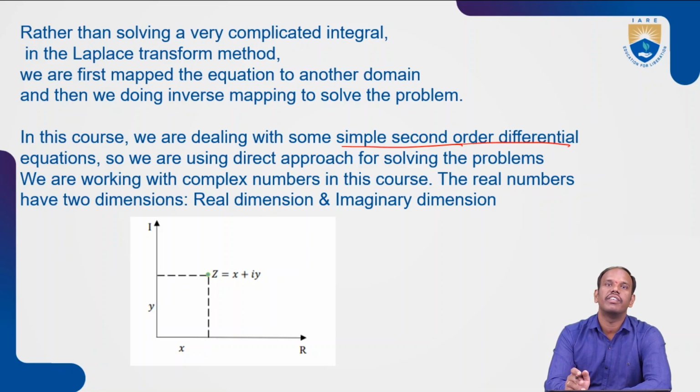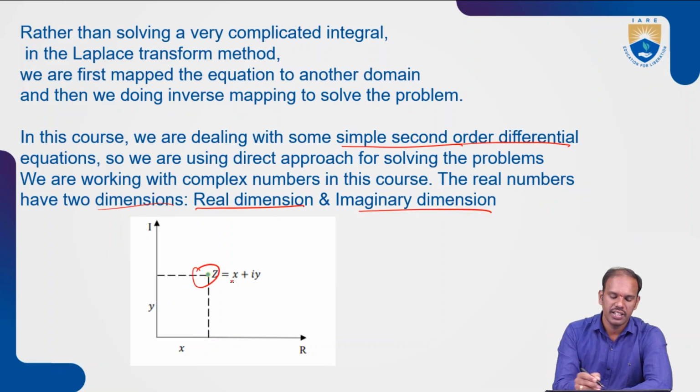Or we can go for working with complex numbers, and the real numbers that we have in two dimensions, real dimensions and imaginary dimensions. If we say there is a z, we can see there is an x distance. X distance is, say, 1 meter, or 1 mm, and imaginary there is i y.